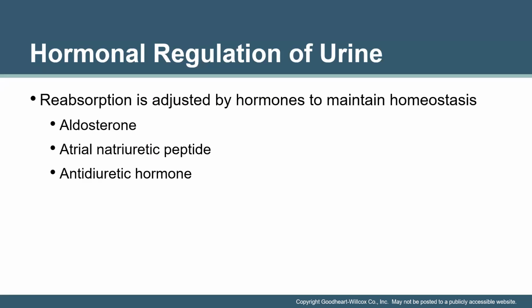Aldosterone then will act on those distal convoluted tubules and the collecting duct to bring sodium back into the body and secrete more potassium. Aldosterone then will cause a decrease in volume and sodium content of the urine and an increase in potassium content in the urine.